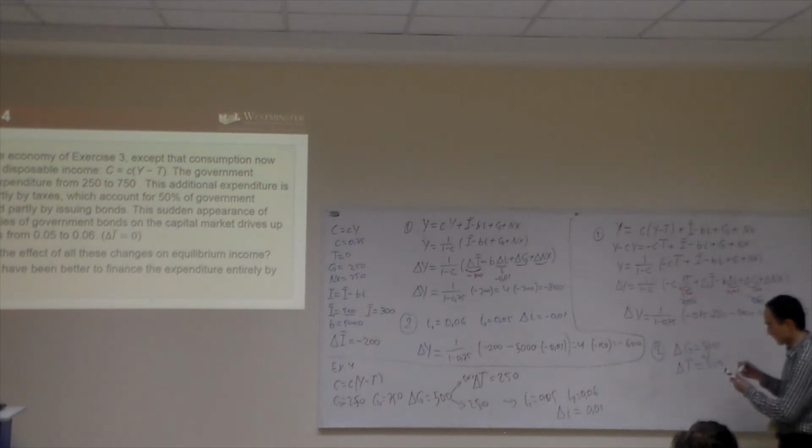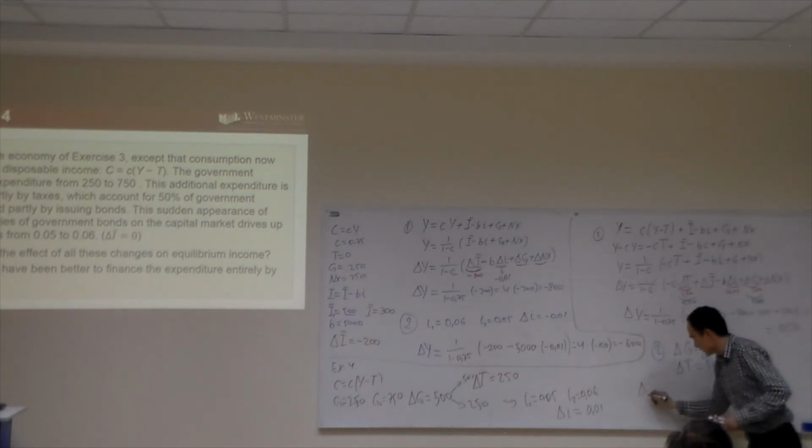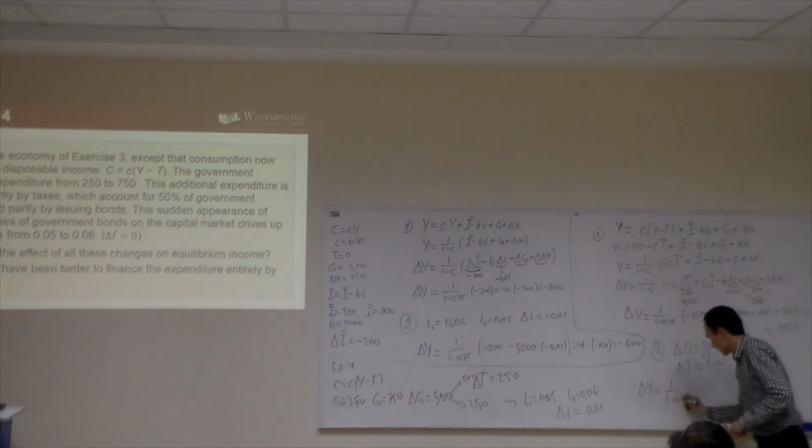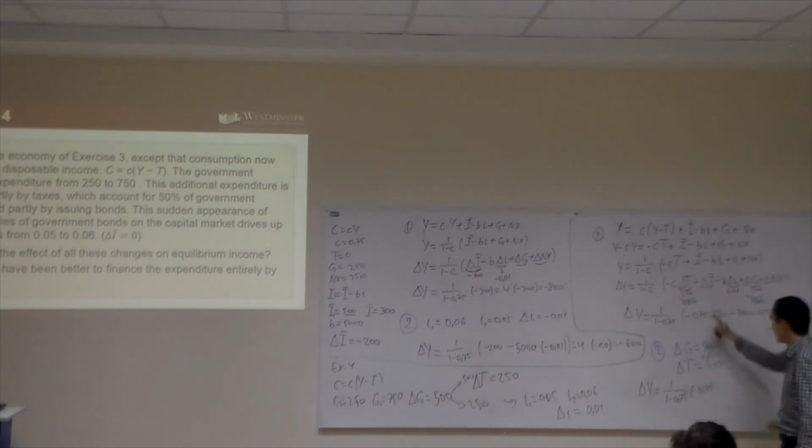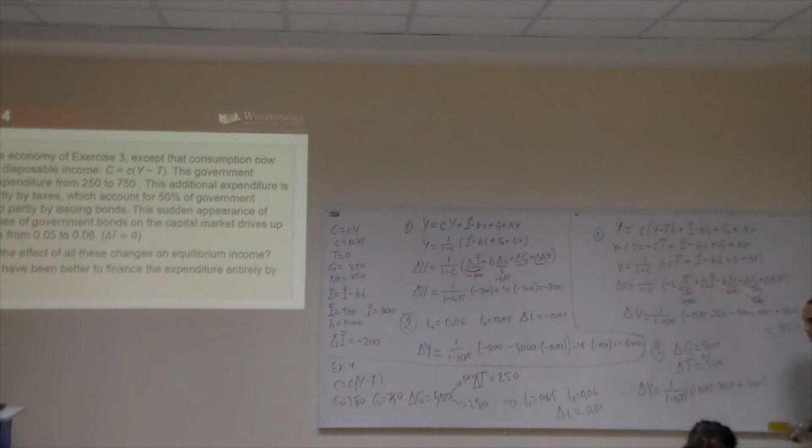If you calculate it, the change in output is equal to 1 over 1 minus 0.75, times minus 0.75 times the change in tax, 500, plus 500 government expenditure increase. It is equal to 500.